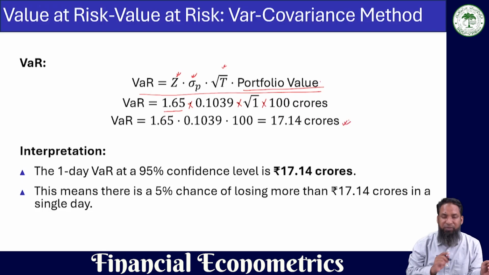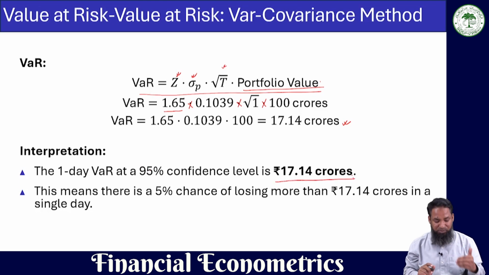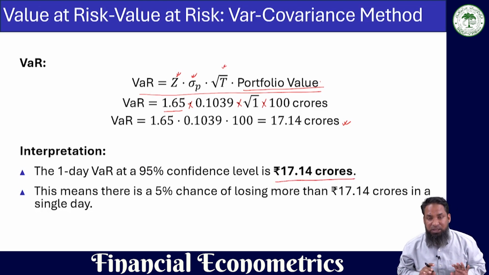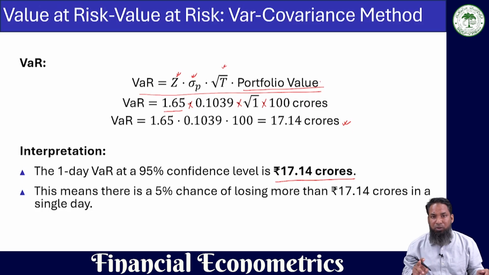That means the one day value at risk at a 95% confidence interval is rupees 17.14 crores, which means there is a 5% chance of losing more than 17.14 crores in a single day for this particular scenario we have here.